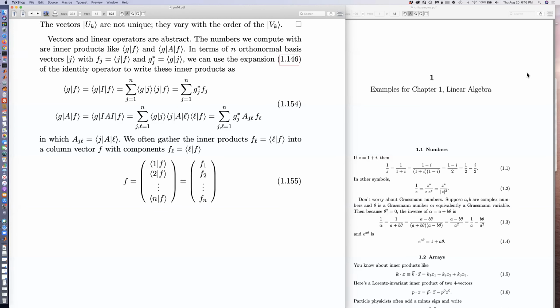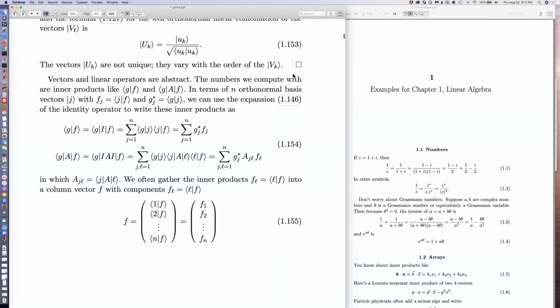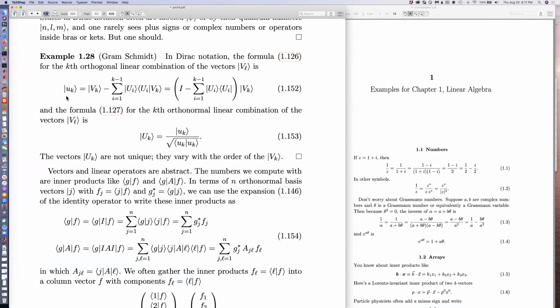Oh, Gram-Schmidt. Well, Gram-Schmidt isn't so much a theorem as it's a procedure. It's a way of taking a set of linearly independent vectors and turning them into a set of orthonormal linearly independent vectors. And in Dirac notation, that is a very simple expression.